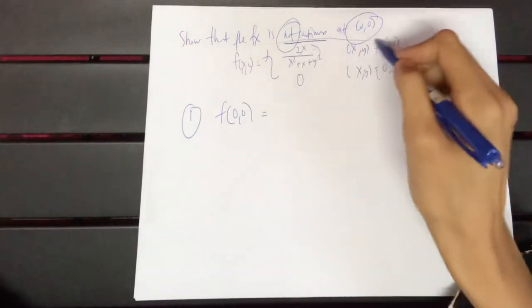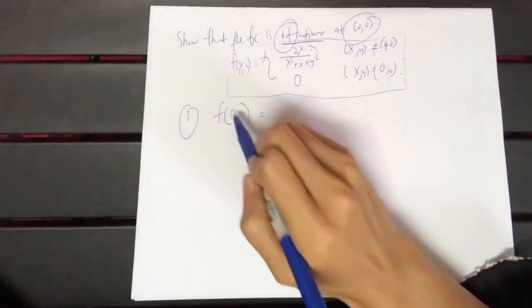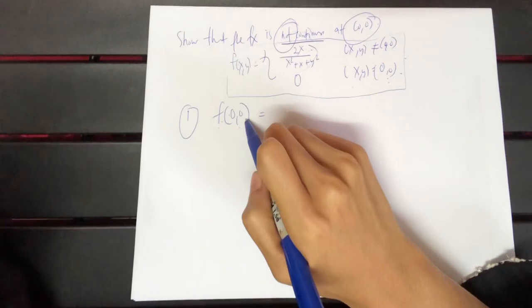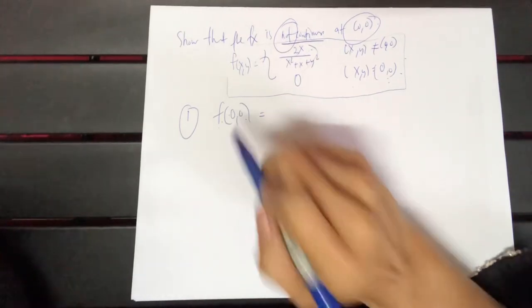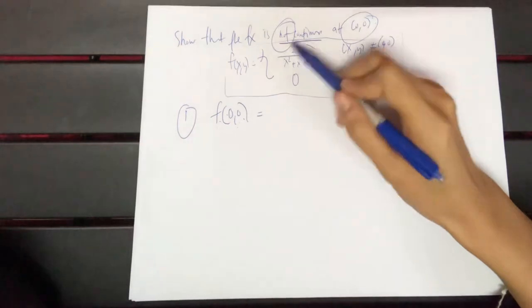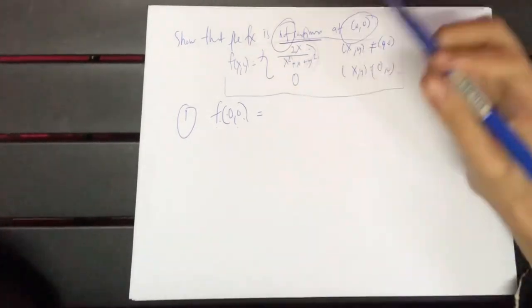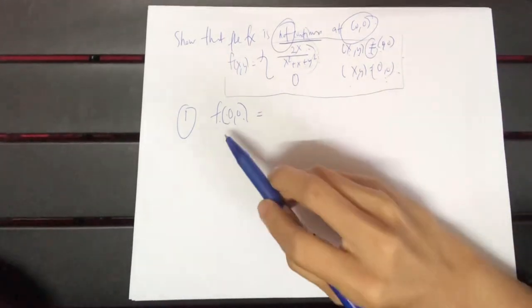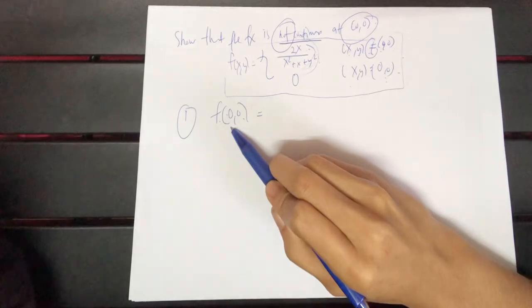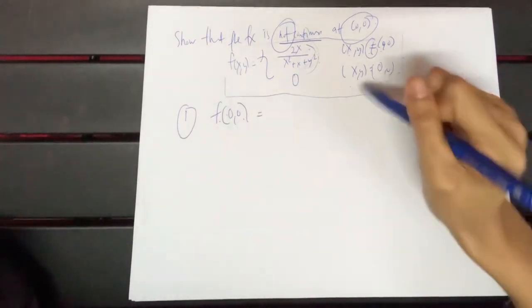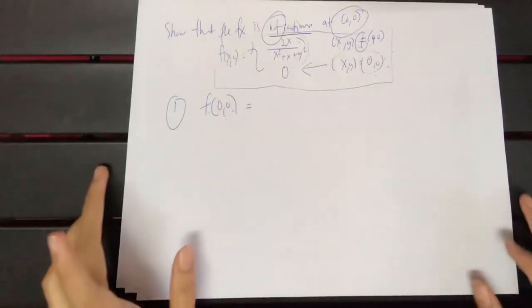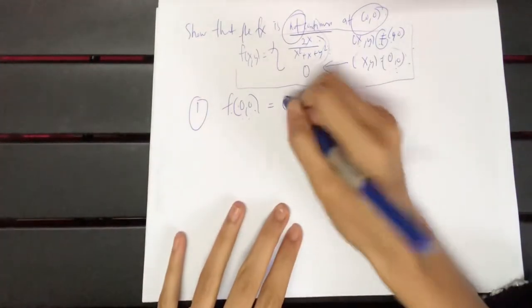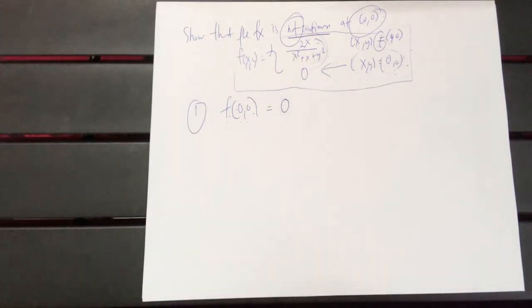We look directly from here. f(0, 0), not the limit, f(0, 0). Maksudnya, you substitute zero, zero into your function. So you cannot choose the first one, because the first one says (x, y) cannot be equal to (0, 0), whereas what you are doing is setting x zero, y zero. So which one has x zero, y zero? This one, here. This is your function, so it is already equal to 0. I hope that you understand here.